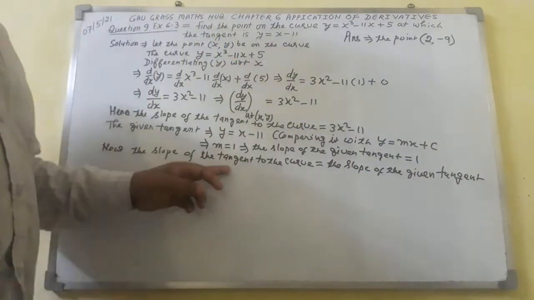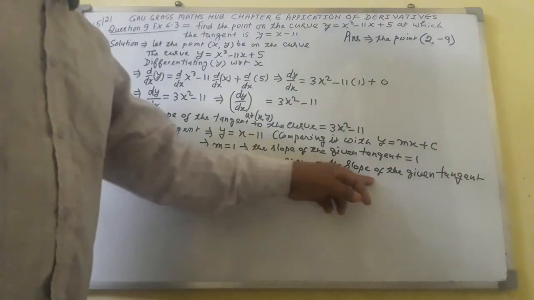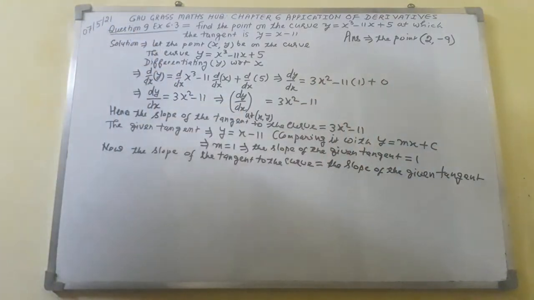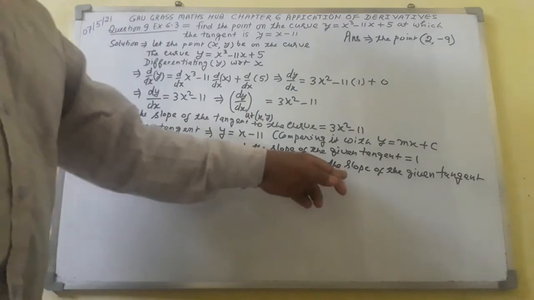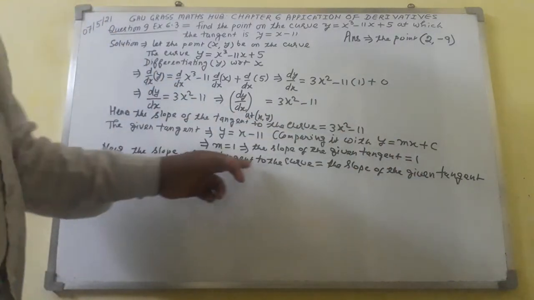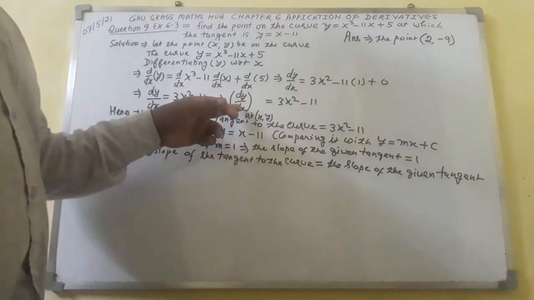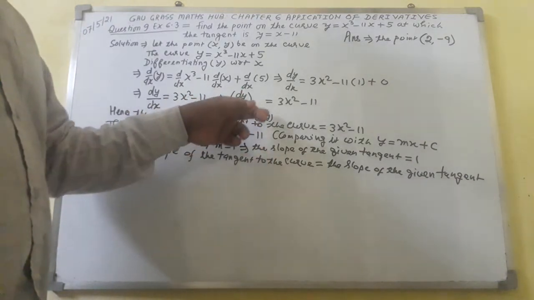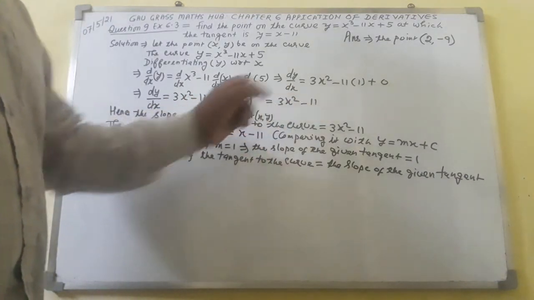The slope of the given tangent we have got here as 1, and the slope of the tangent to the curve you have got, dy over dx at point x, y, equal to 3x square minus 11.